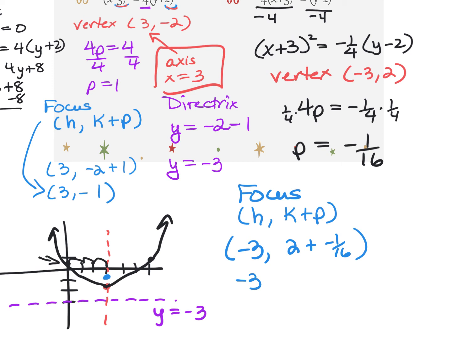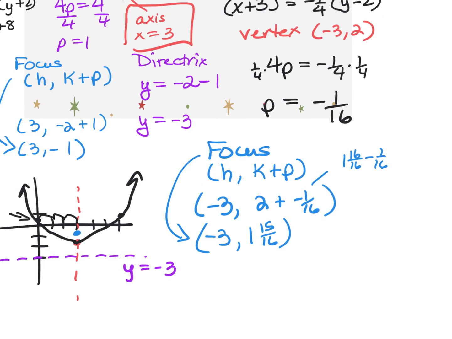And if I do this, I can make this 1 and 16/16 minus 1/16. So then this will give me 1 and 15/16 for my focus point, because I'm graphing this.